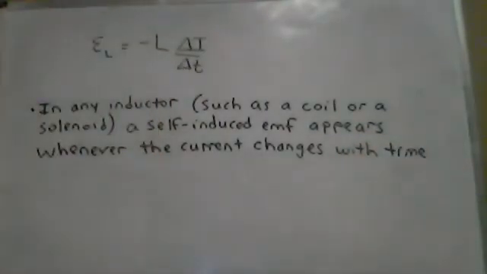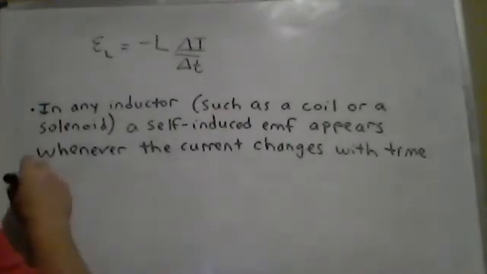So if you have a time-varying current, you will have a self-induced EMF caused by Faraday's law.